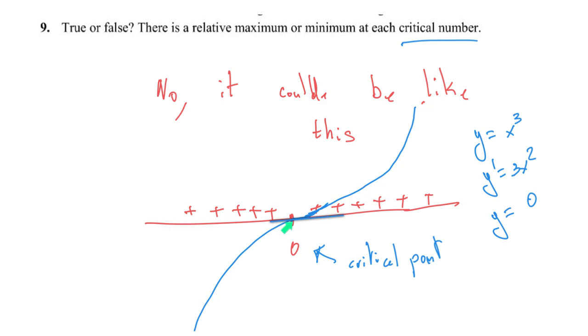Zero is a critical point because y prime of x equals 0 can be solved only if x is equal to 0. So 0 is a critical point, but 0 is not a relative maximum or a relative minimum. Indeed, we will learn later that this is a saddle point. Okay.